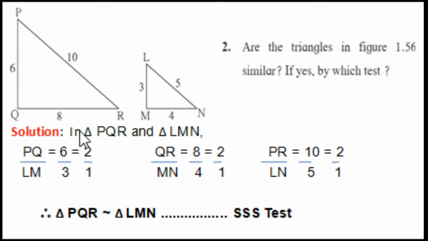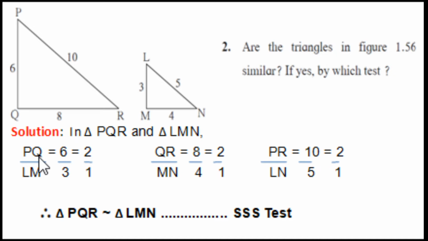So we'll take the ratios of these sides. PQ upon LM is equal to 6/3, that is 2:1. Then QR upon MN is 8/4, it is 2:1. And then PR upon LN is equal to 10/5, which is 2/1.